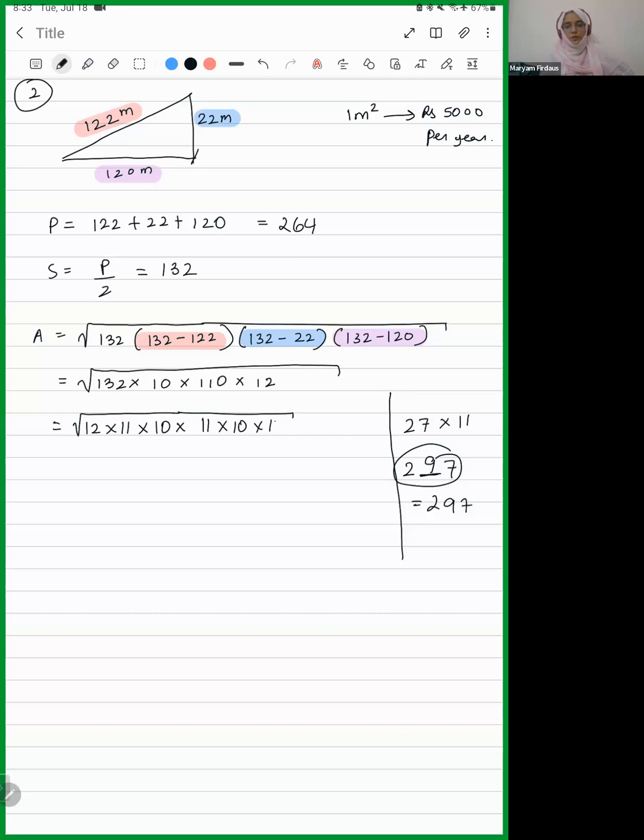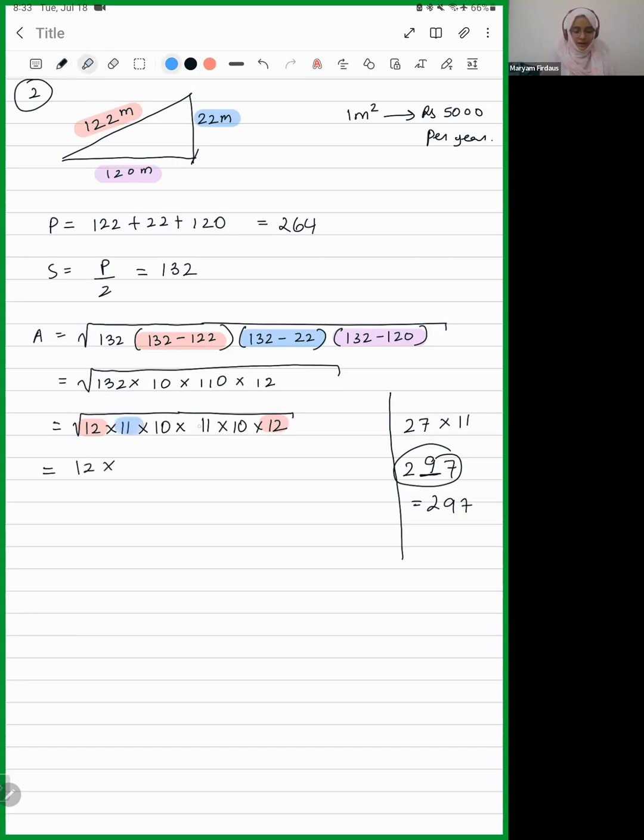Now, see what we are going to do here. We are not going to take prime factorization for every single number. Why? Because we can clearly see that here this is 12 into 12. We take a 12 out. Then we have 11 into 11.